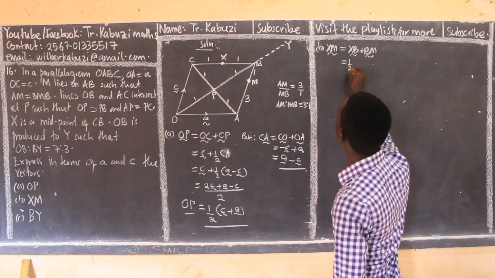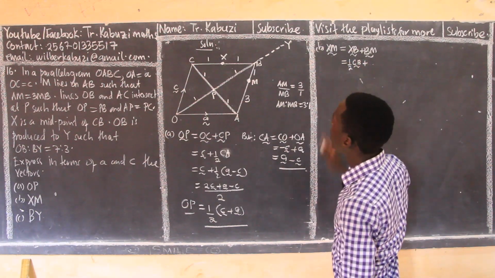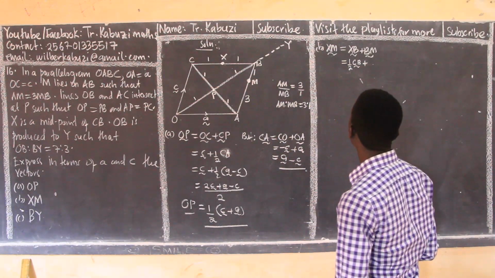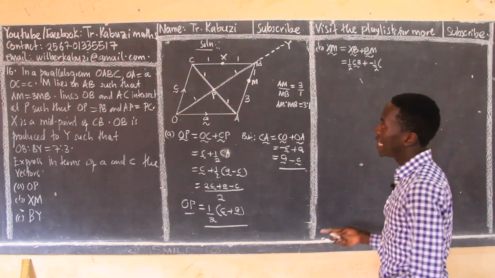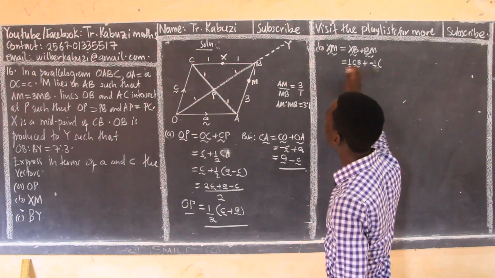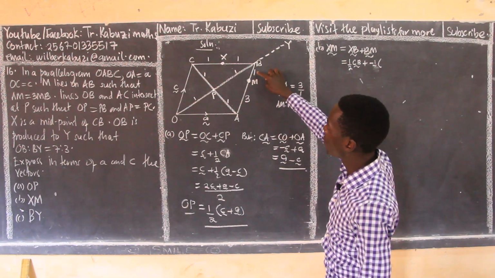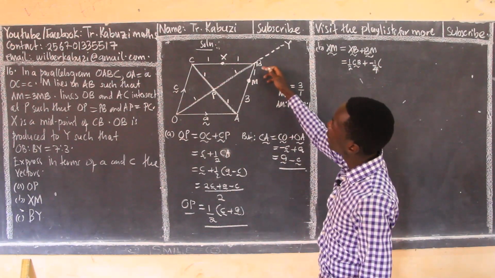XB is going to be a half of CB plus BM. You see BM, we are changing the direction, so it's going to be negative. It's going to be 1 over 4, the total ratio is 4, of AB.